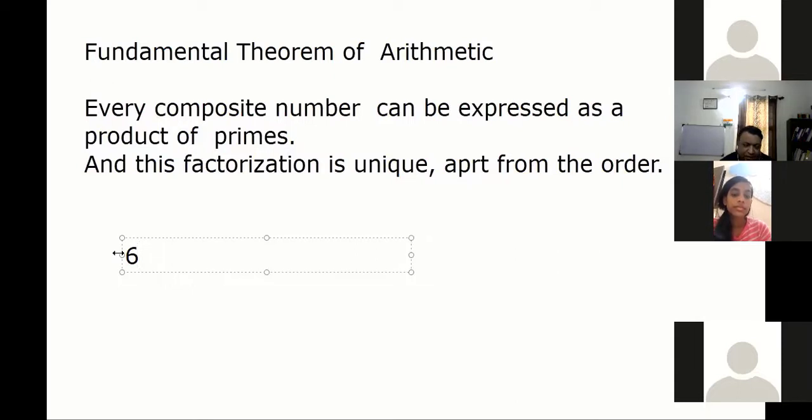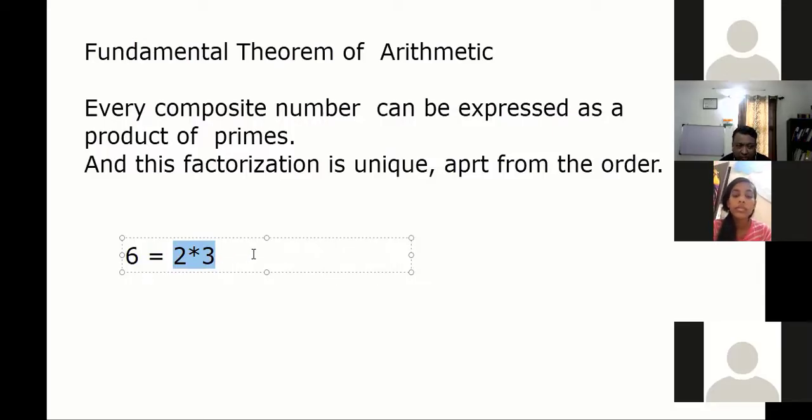Now this 6 can be expressed as 1 times 2 times 3. Generally we don't say 1, so 2 times 3. You can write 6 as 2 into 3. So it says every composite number can be expressed as a product of primes, correct?